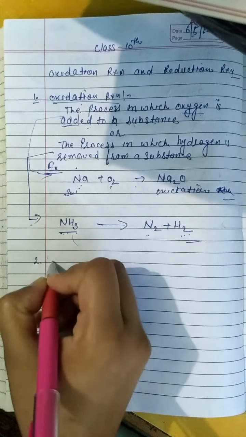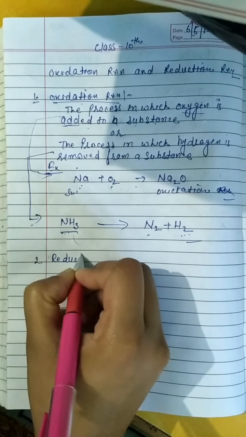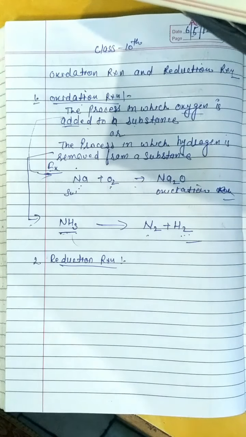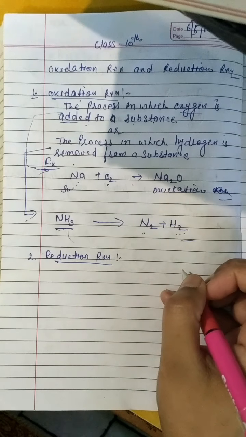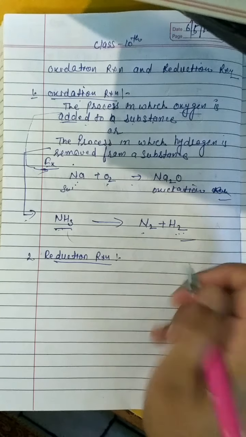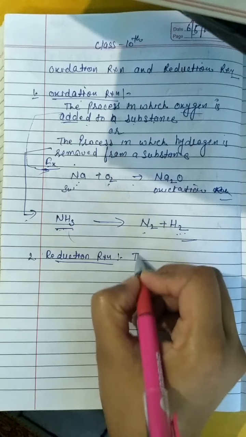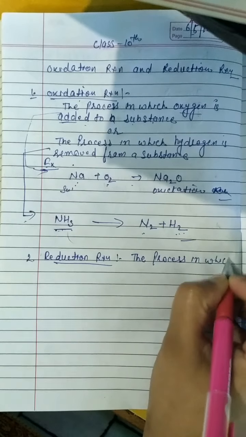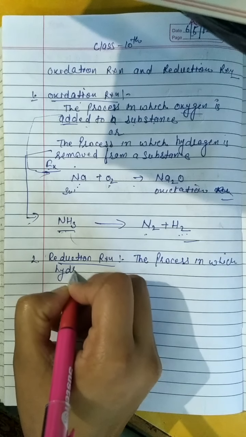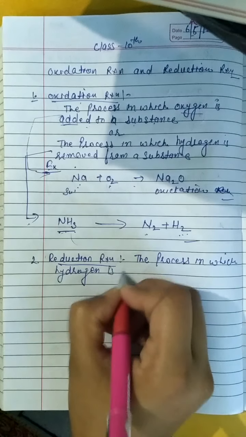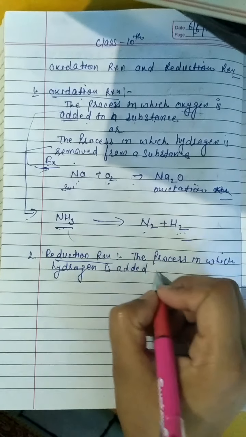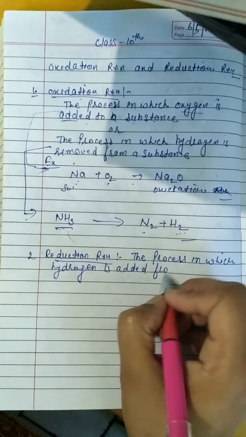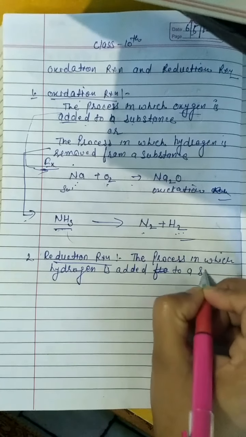Now, the second one is a reduction reaction. What is a reduction reaction? Reduction reaction is the opposite of the oxidation reaction. How? What is the definition? The process in which hydrogen is added to a substance.